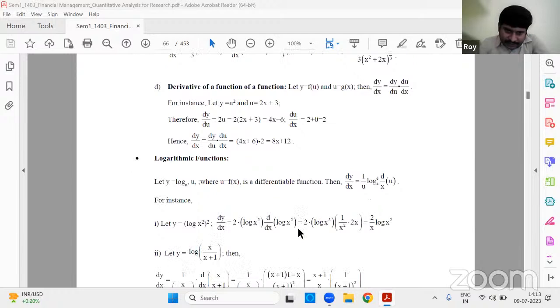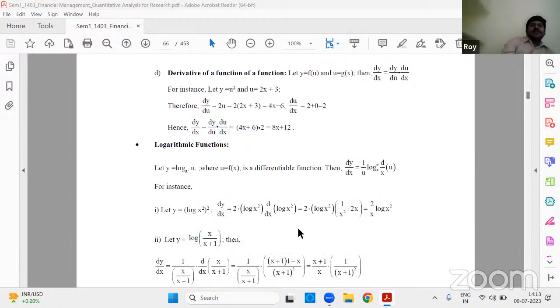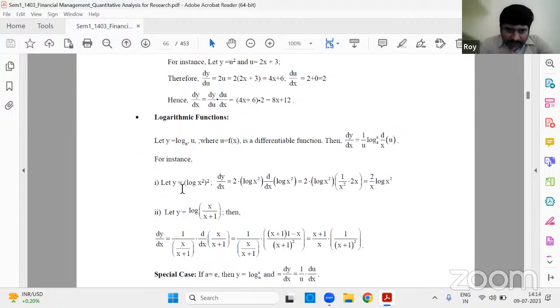Now logarithmic functions. A logarithmic function is another type of function where y is equal to log a of u, where u is equal to f of x. Differentiation is dy by dx is equal to, remember this, 1 by u into log of e to the base a into d by dx of u. That means the derivative of u. Let's see an example. Y is equal to log x square whole power square.